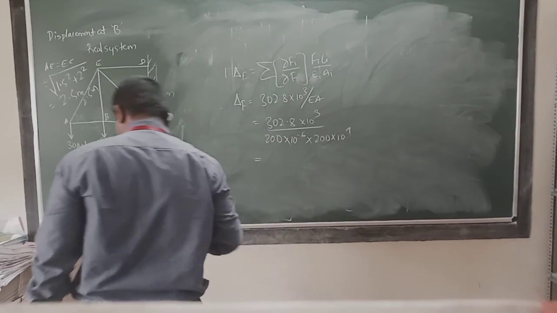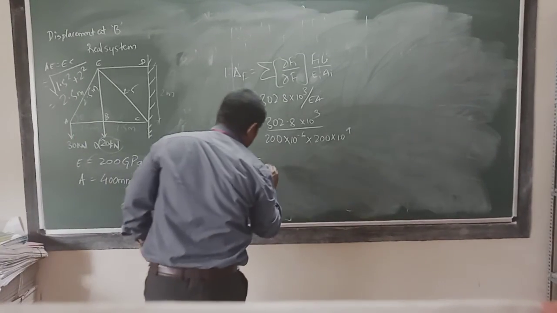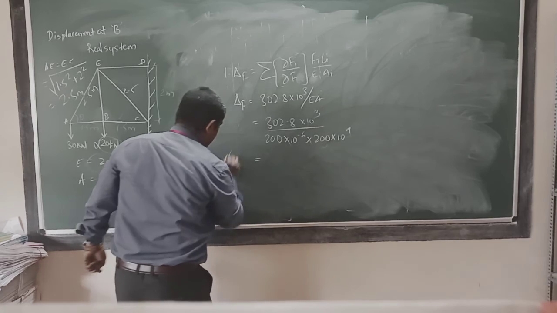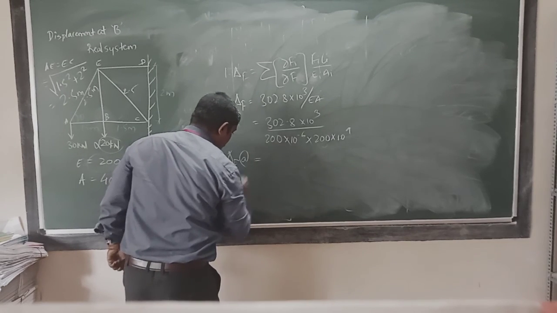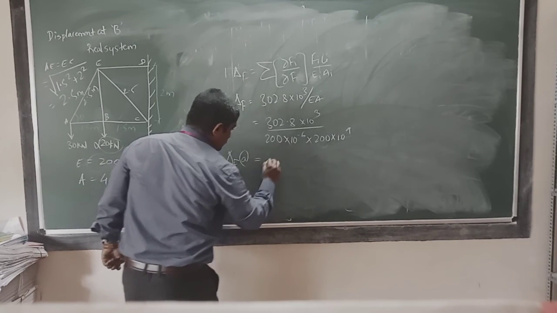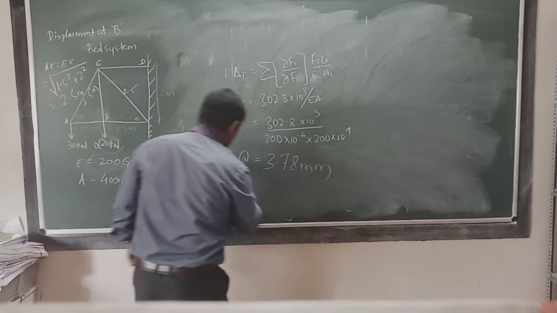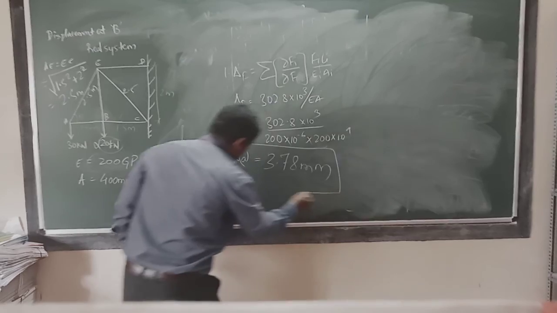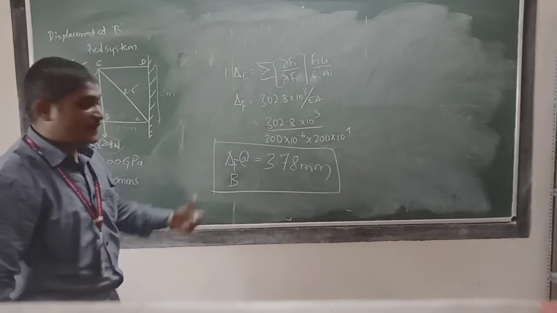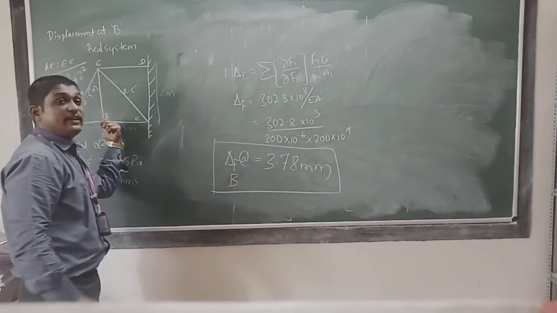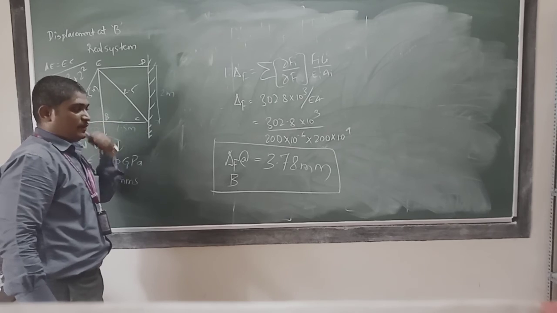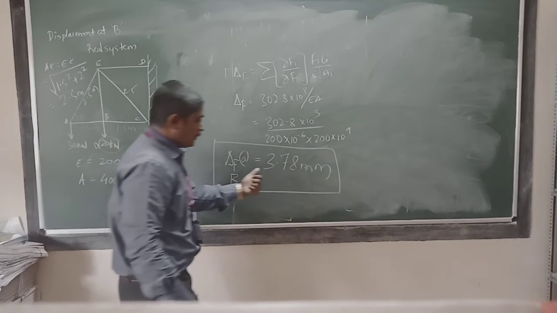Finally you are going to get the answer: delta F at B is equal to 3.78 mm as your deflection, or displacement, of point B. Okay, that is 3.78 mm.